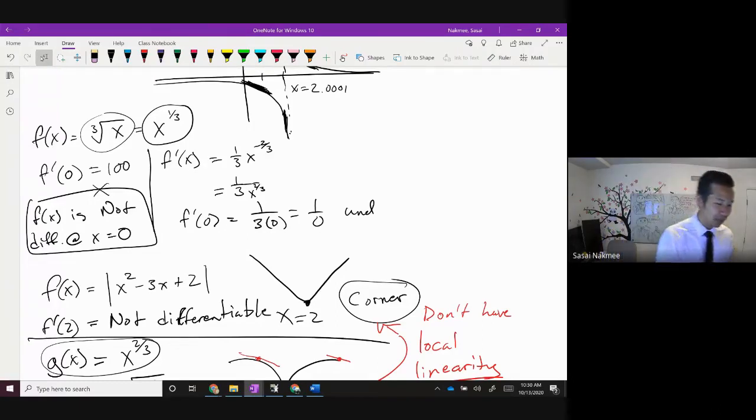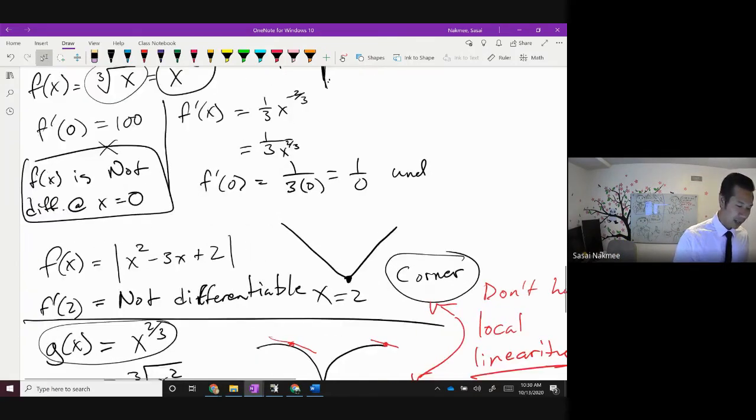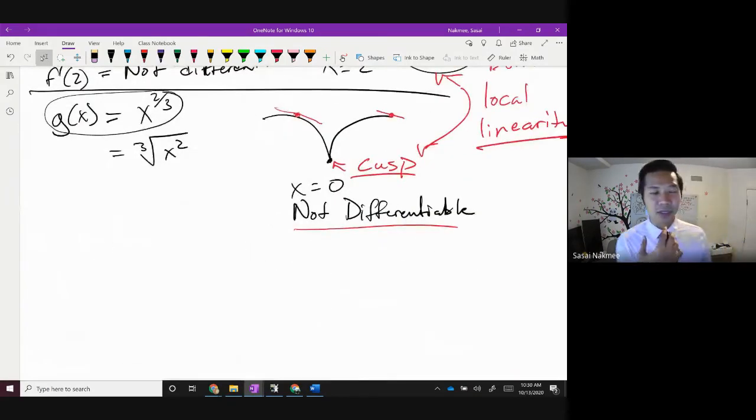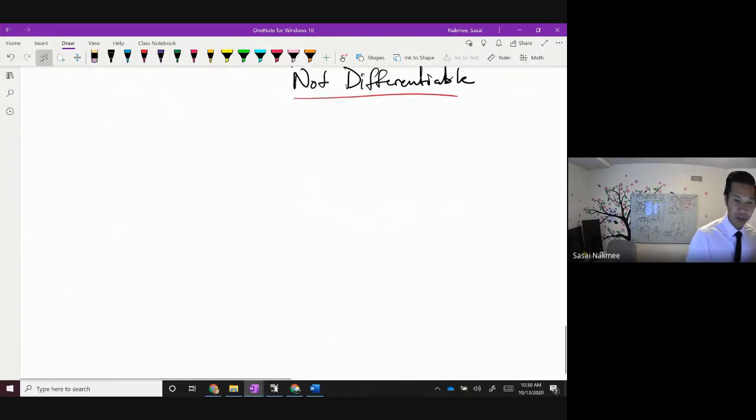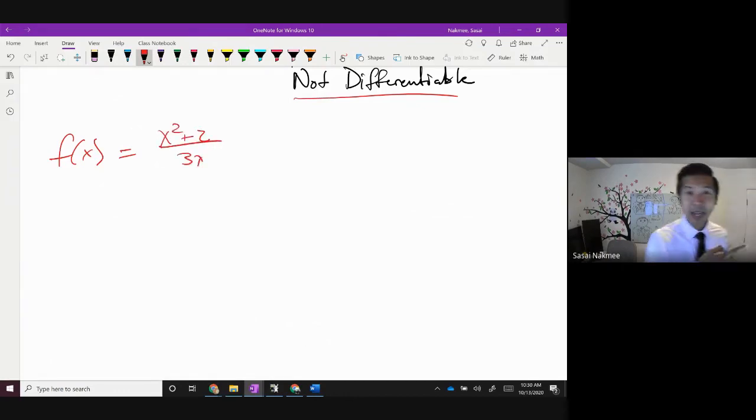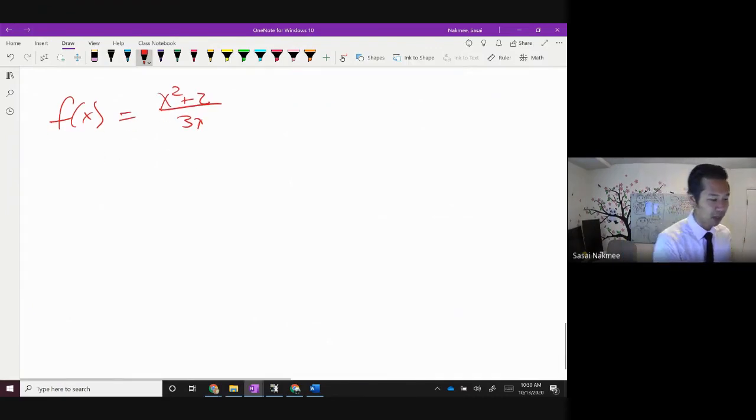I know it seems bad, but you have to understand that just because you have these rules where you can take the derivative, right? Like, I give you a function f of x, and I ask you guys to take the derivative of, let's say, x squared plus 2 over 3x. You guys have the skills to do this now, is what I'm saying, right?